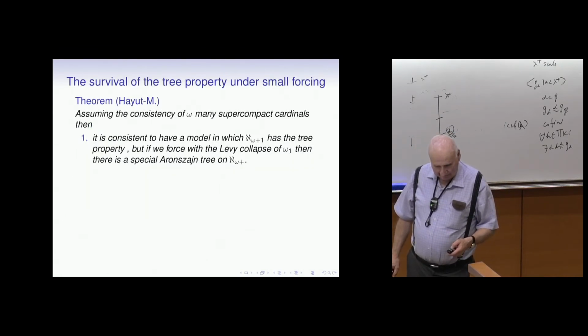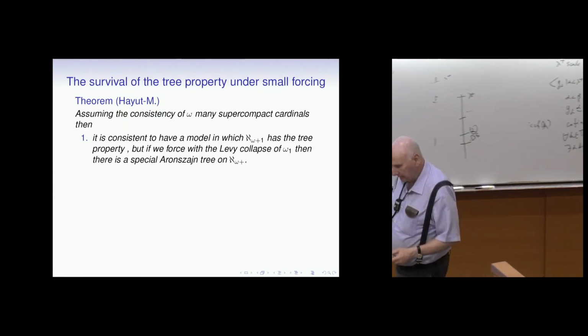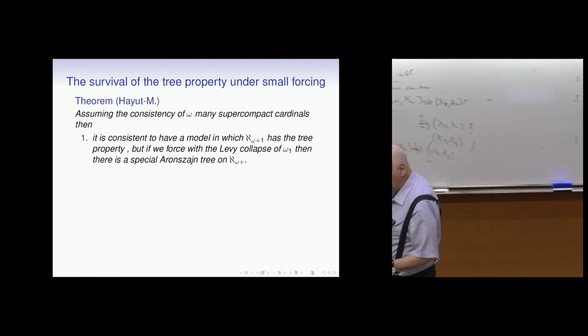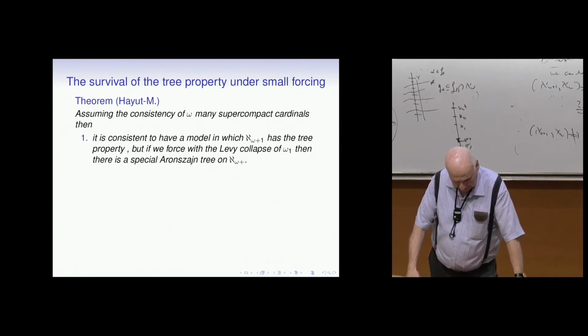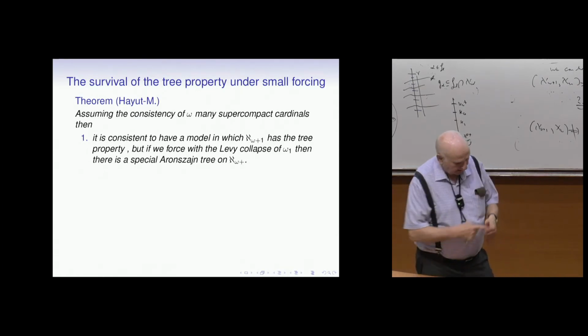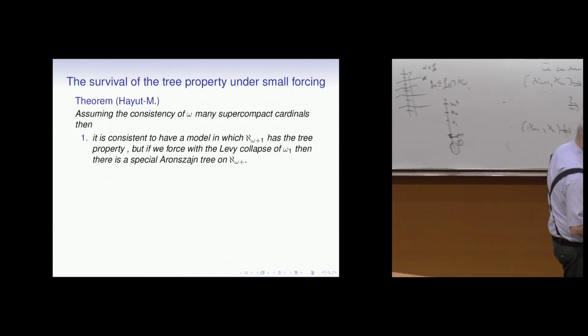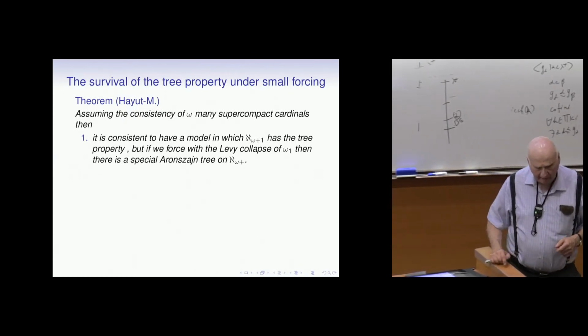Okay. So now, for the few minutes that I'm left, let me say something about survival of these properties under small forcing extensions. The compactness. Again, a decent large cardinal thing.